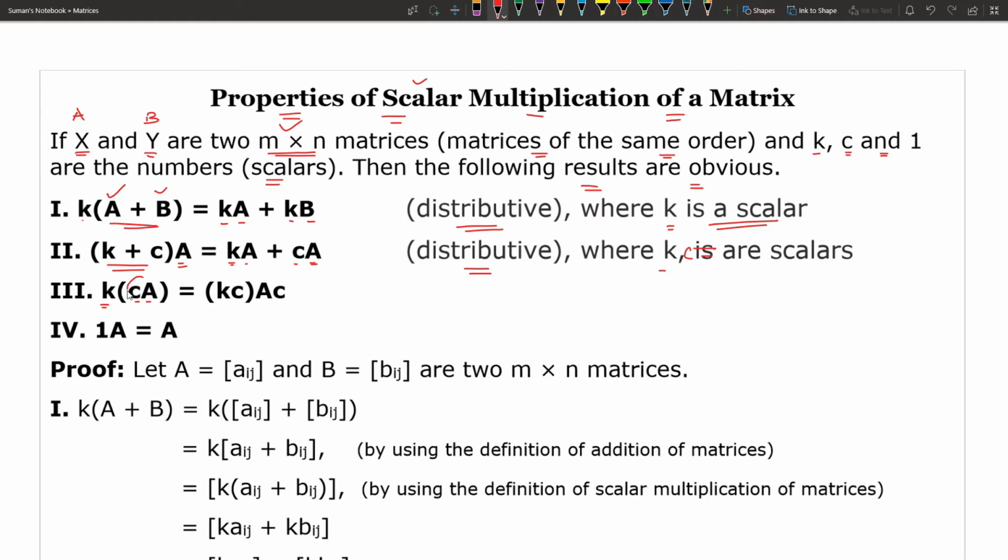That means at first we multiply the matrix A with the scalar c, and after that we multiply by the scalar k, and that is equivalent to (k into c) into A. That means we can first multiply the two scalars and then get the result as k c into A. And the final one: when the scalar is 1, we multiply it with the matrix A and we get the matrix A itself.